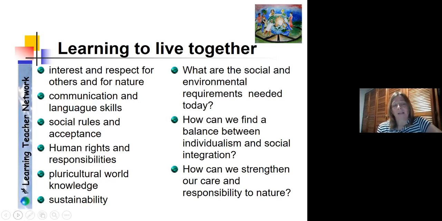So the interest and respect for others and for nature, to be more aware of the context, means also to take children out of the classroom. Communication and language skills, to be able to express and to have dialogues together. Also to understand social rules and acceptance, to understand the meaning of the social rules, the meaning for living together peacefully. The human rights, but also the human responsibilities.